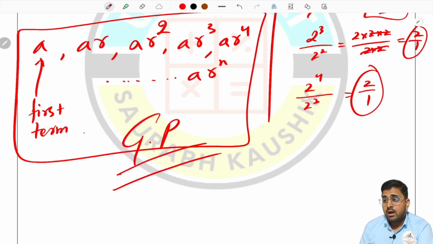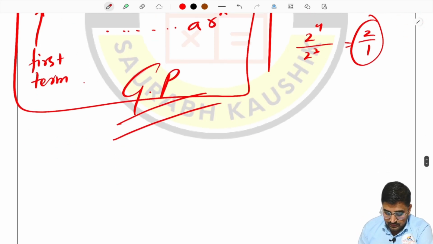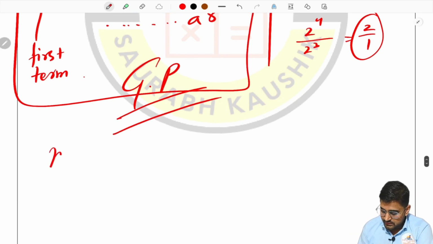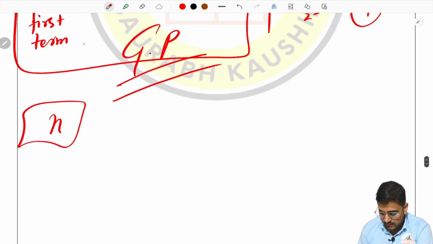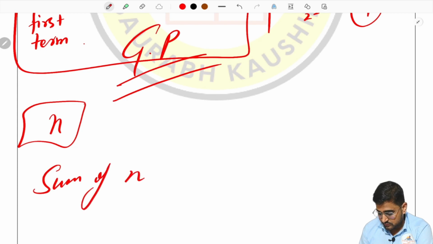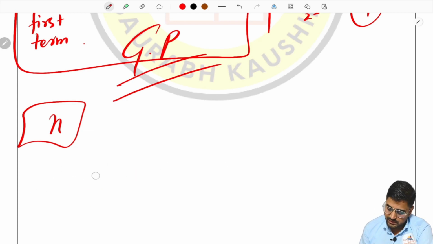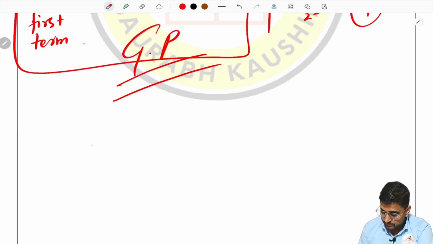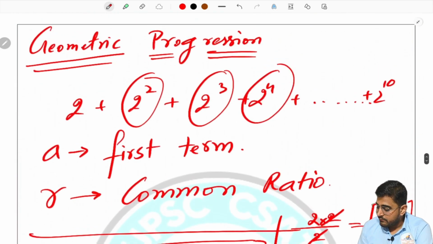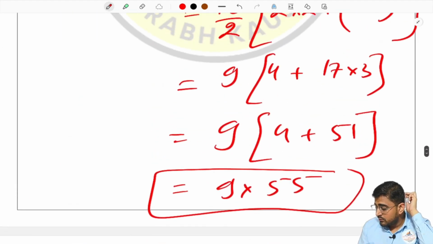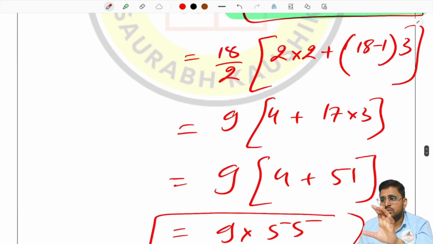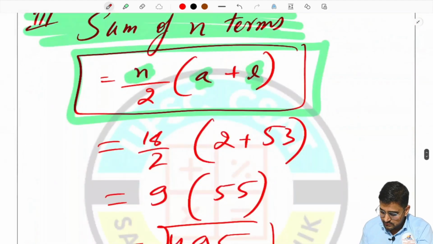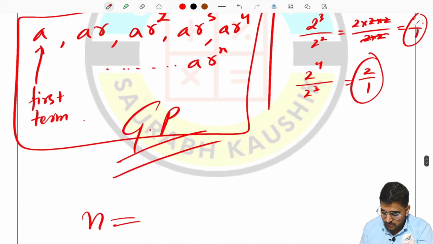Now basically they ask two questions. First, find the nth term and then the sum of n terms. Two components they ask. For the nth term, the basic thing you have to remember is what I explained earlier: n minus 1. We did n minus 1, how many terms are there? N minus 1. The same concept goes with the GP also.